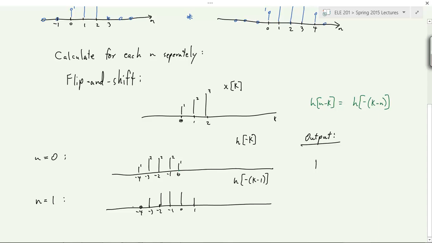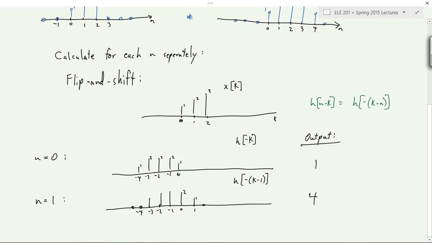And these are all 0. Okay, now again, we're multiplying this function by x of k. Now there are two places where they have non-zero overlap, right? So we do the multiplication. We get a 2 times a 1 plus a 1 times a 2. All right, so we get 4.